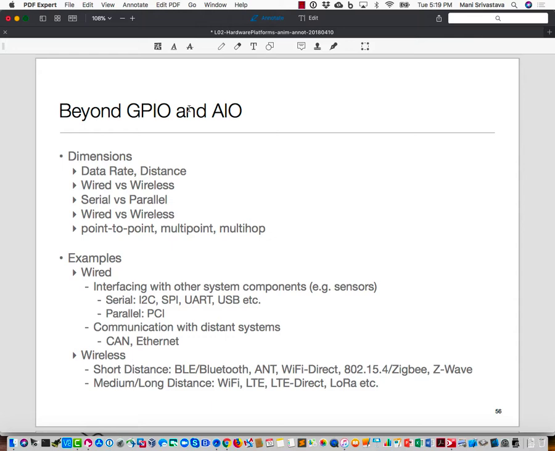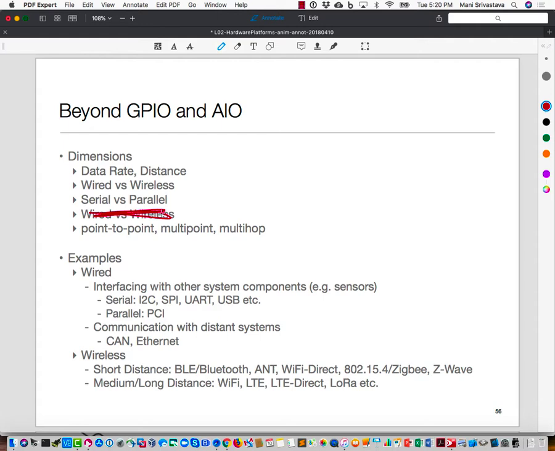What kind of data rates, in the case of radios what kind of distances they are designed for, wired versus wireless, is the data communication serial or parallel? All those kinds of things.